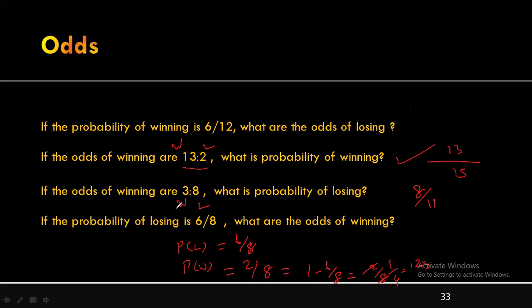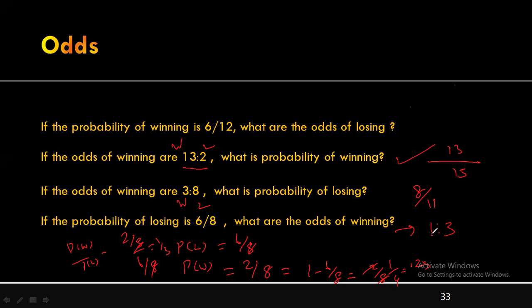Now the question is, what are the odds of winning? That is the probability of winning divided by the probability of losing: 2 over 8 divided by 6 over 8. The 8s get cancelled, leaving 2 over 6, which is 1 by 3. So the odds of winning are 1 is to 3.